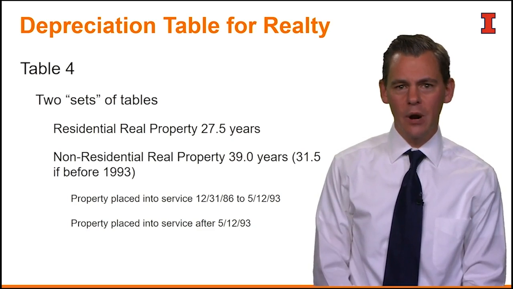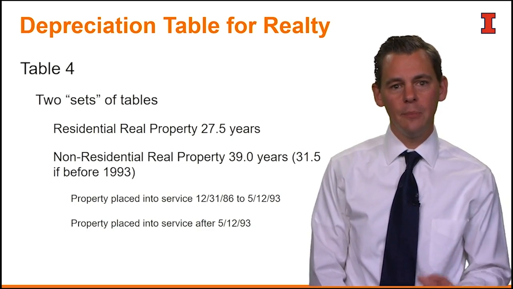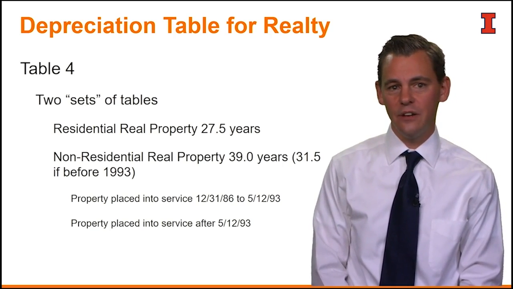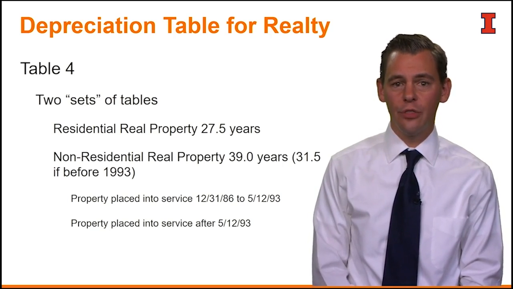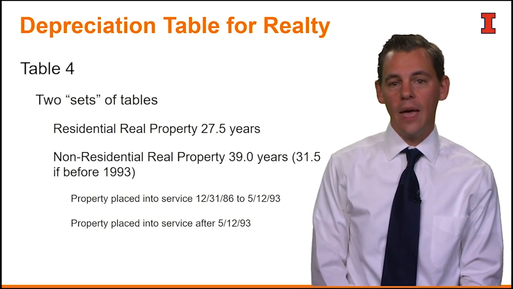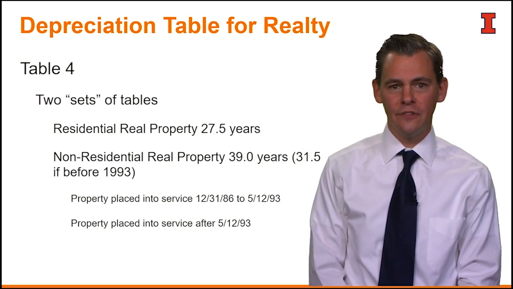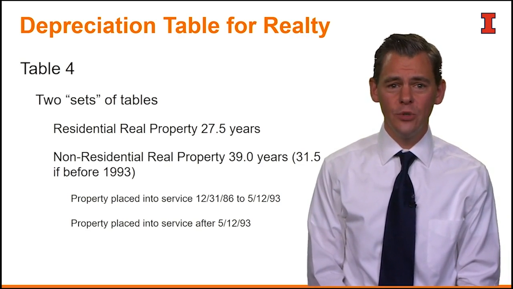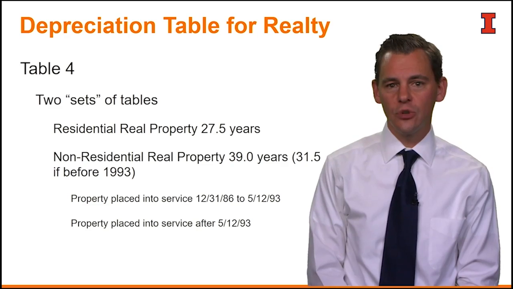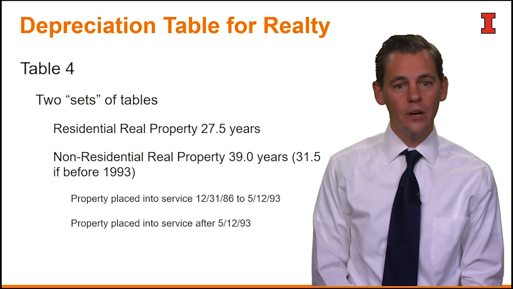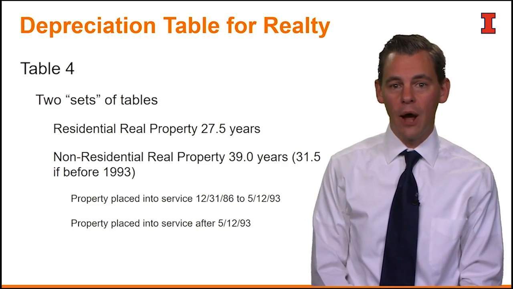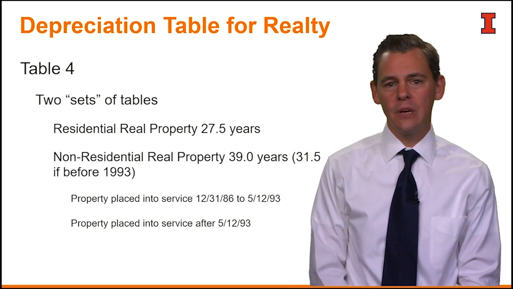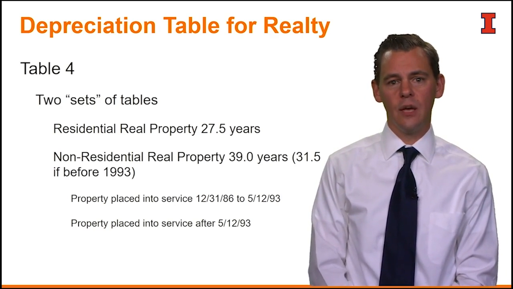And the non-residential property is further split into property placed into service between December 31st, 1986 and May 12th, 1993, which is depreciated over 31.5 years, and property placed into service after May 12, 1993, which is depreciated using 39 years. We will basically use 2 tables: the residential real property table, and the non-residential real property table for property placed into service after May 12, 1993, simply because it's more recent and often used.